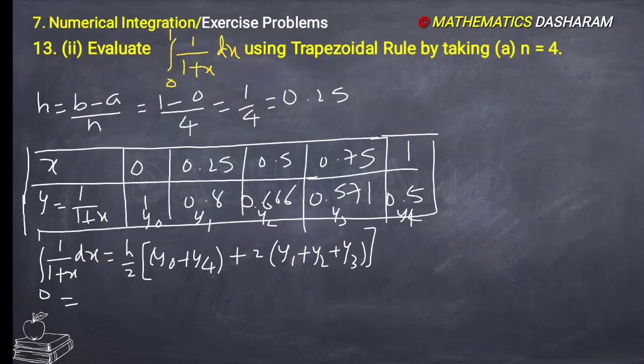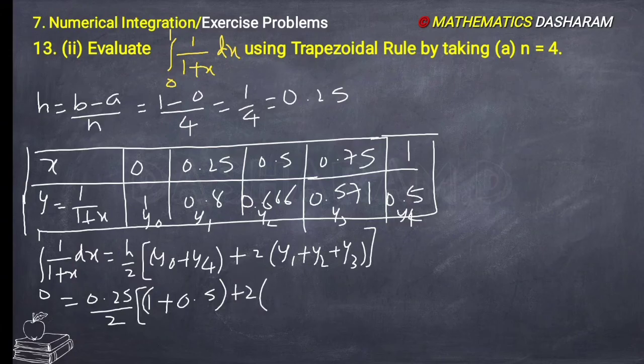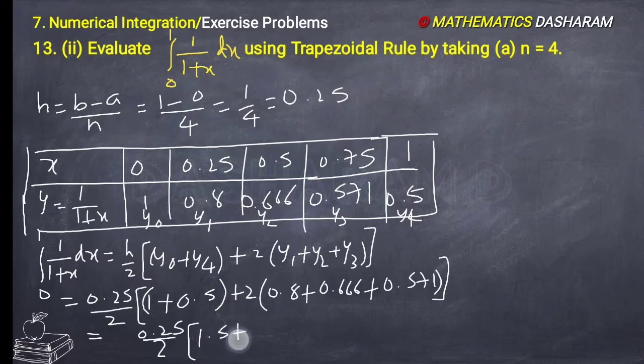So it is equal to h value 0.25 divided by 2 bracket of y0 is 1, y4 is 0.5, plus 2 into y1 plus y2 plus y3. So 1 plus 0.5 is 1.5 plus 2 into the addition of all these decimal numbers, which is 2.037.